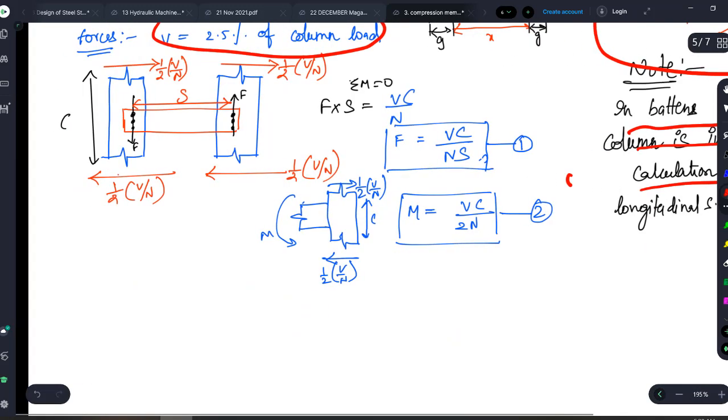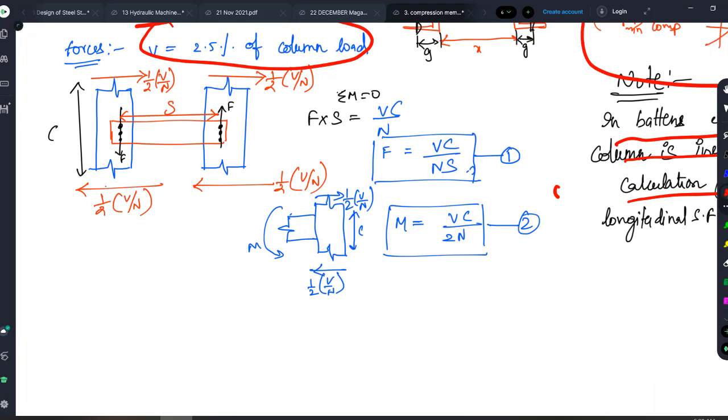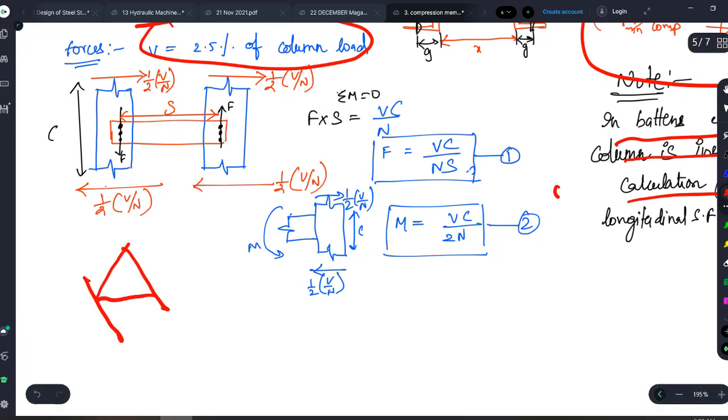Now coming to the last part, let us derive some formulas. See the lacing, in the single lacing system, when I cut, the force geometry was very simple. Here V by N came, and here V by N came.